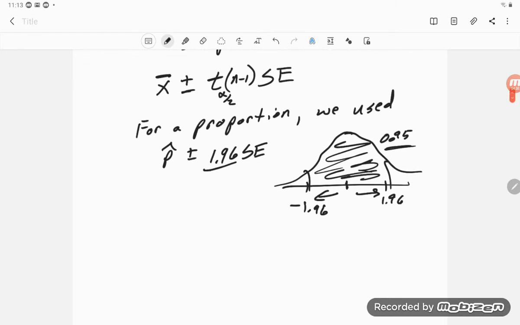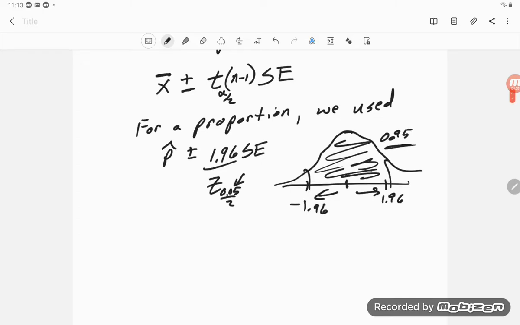Now, a way to write 1.96 would be z 0.05 over 2. There's the alpha that this was based on, and over 2. And why over 2? Well, because we don't want this and we don't want that.